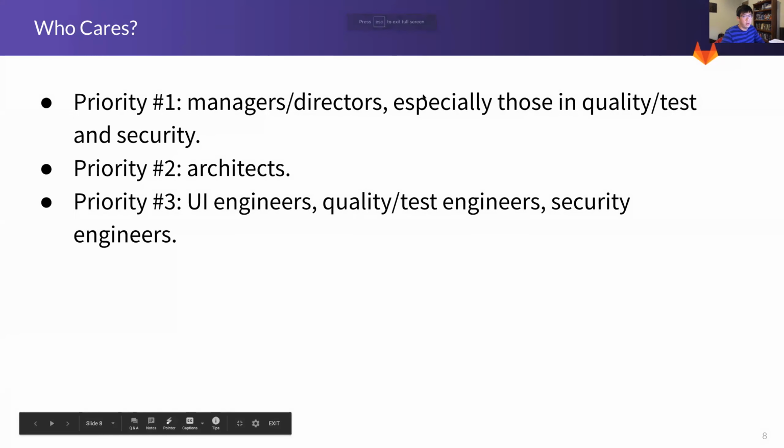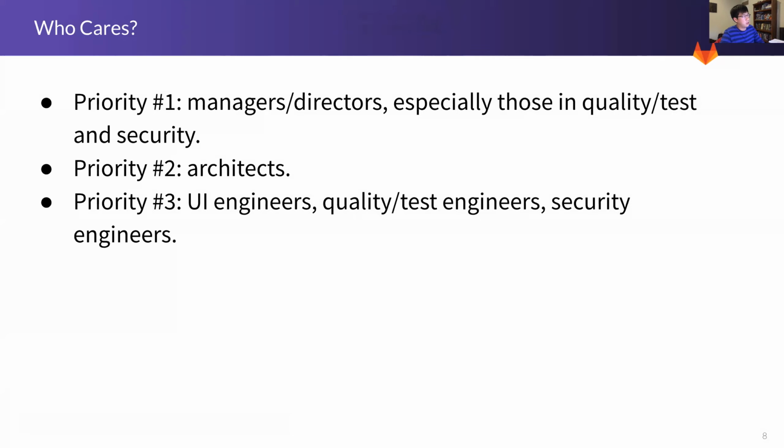So who are the people that we should target in talking about fuzz testing? The manager and director level is really great because you can talk about how they can ultimately build better applications using GitLab. They obviously are going to be very attuned to every time their code breaks or every time they have a poor user experience, and this is something that they really want to hear about.